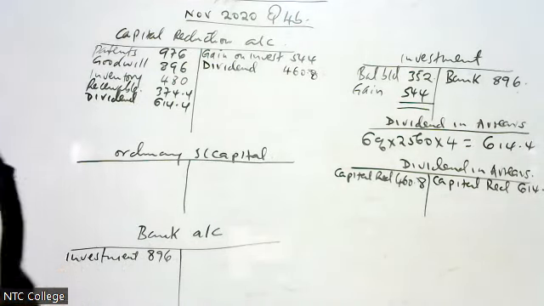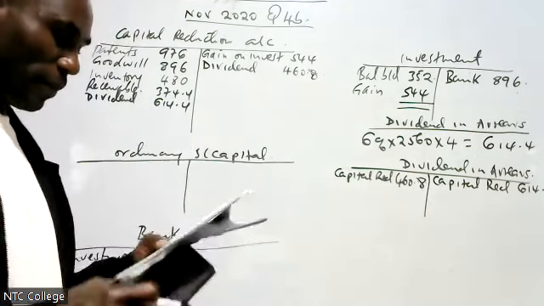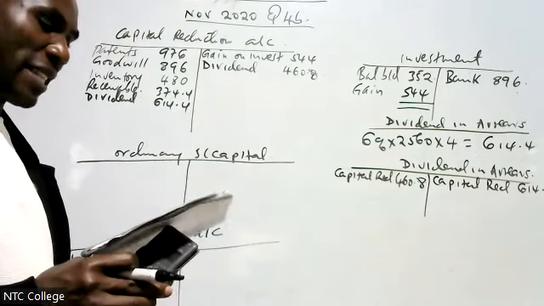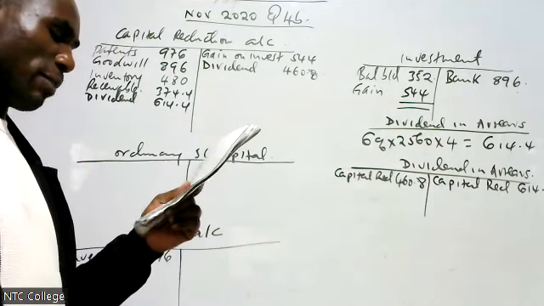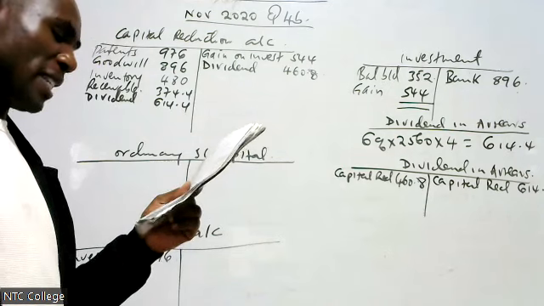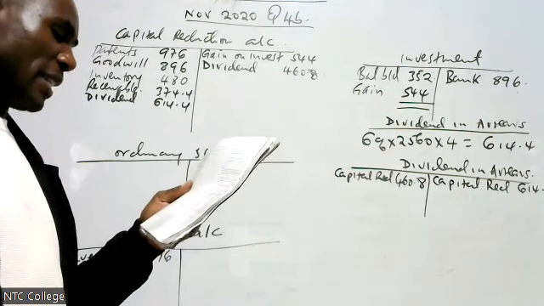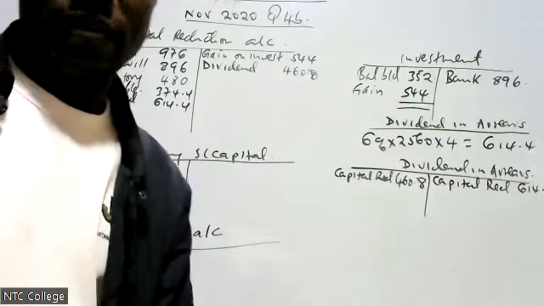Then the examiner continues to say the balance is to be paid by issue of ordinary shares at par. The balance, how much is the balance? The balance is now their quota.